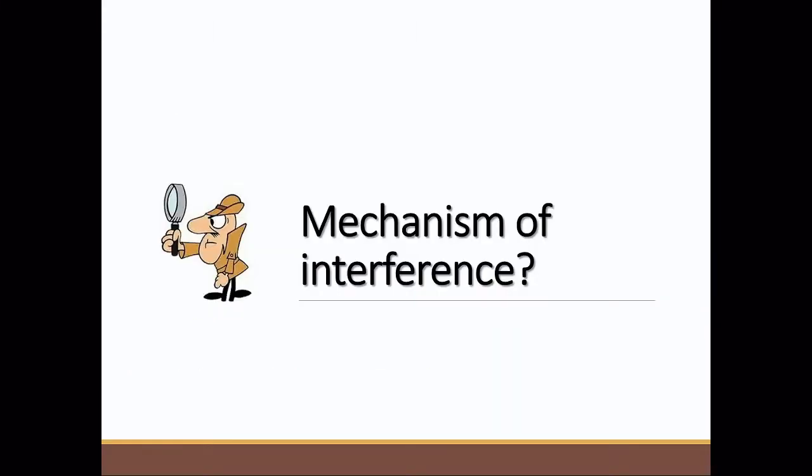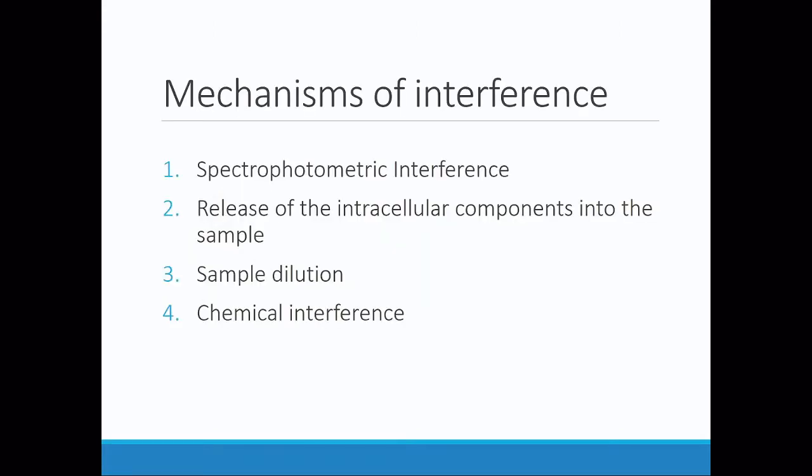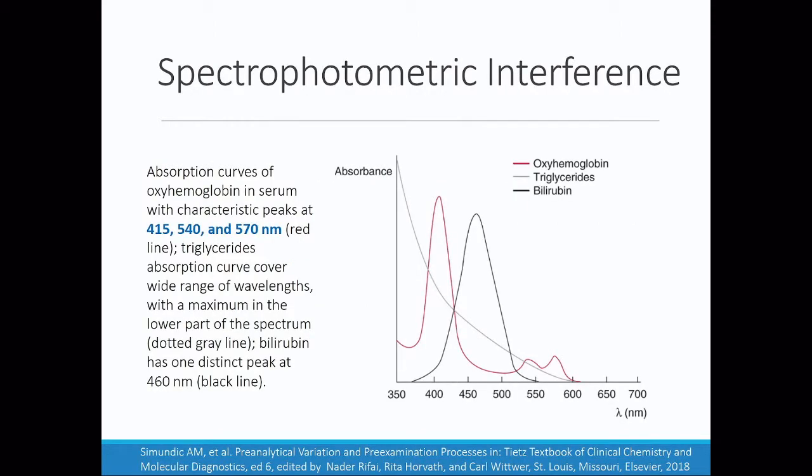So what is the mechanism of interference of hemolysis? There are four distinct mechanisms through which hemolysis is causing interference in a number of assays. Spectrophotometric interference, then due to release of the intracellular components into the sample, then due to the sample dilution, and last but not least, due to chemical interference.